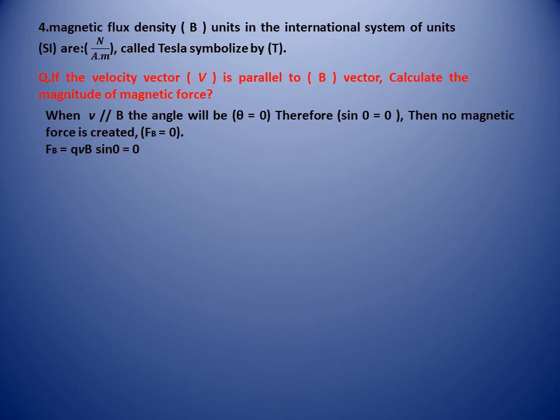Therefore, sine 0 equals 0, and no magnetic force is created. Using the relationship magnetic force equals charge, velocity, magnetic flux density multiplied by the sine of the angle, the angle equals 0, sine is 0, so the force equals 0. In this case, no magnetic force.